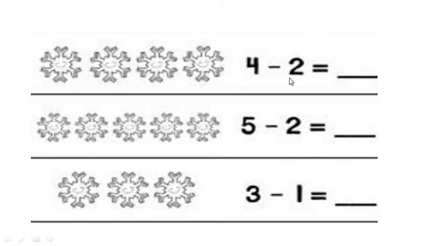4 minus 2. So what should we do now? Now you all have become familiar with subtraction. We should cross out 2 objects out of given 4 objects.